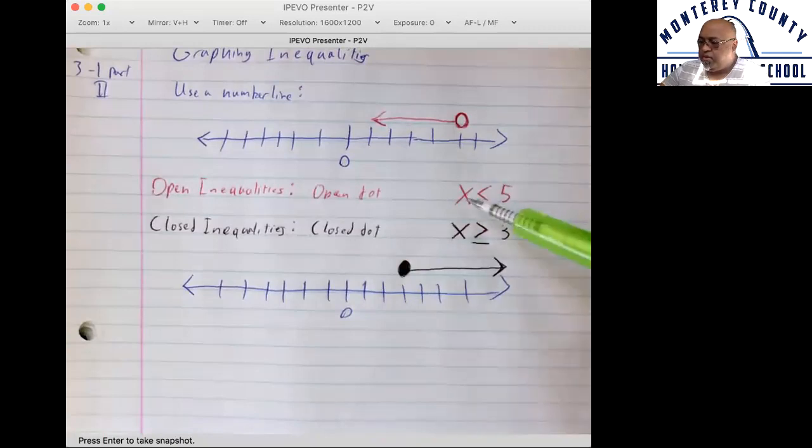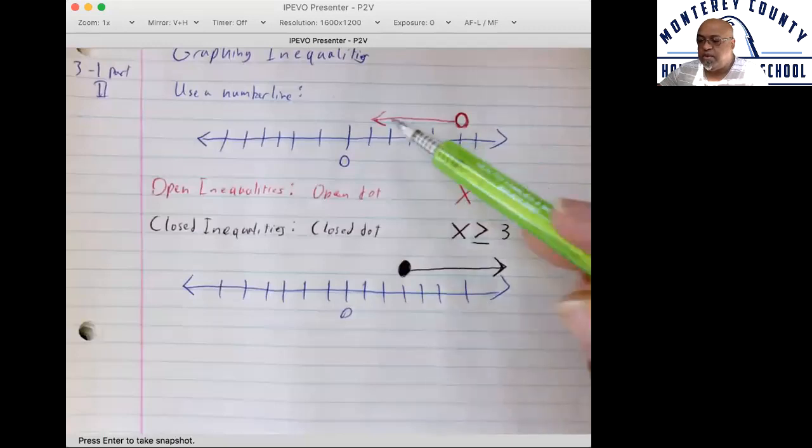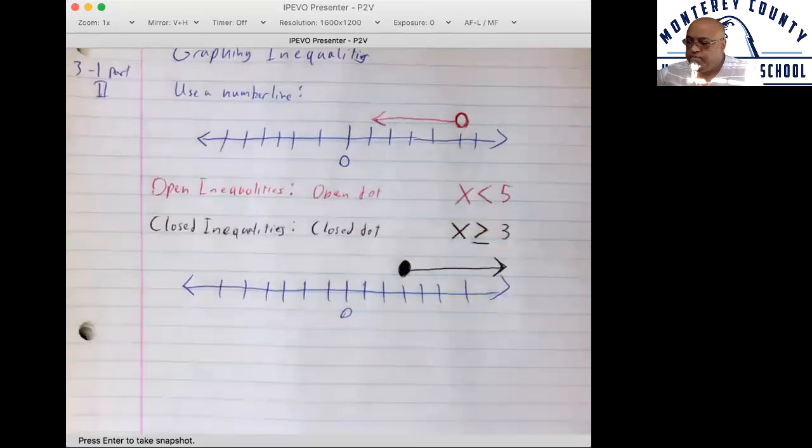If you have your variable on the left and your number or constant on the right, which is the standard way of writing a solution, then your inequality sign will be facing the same direction as the arrow.